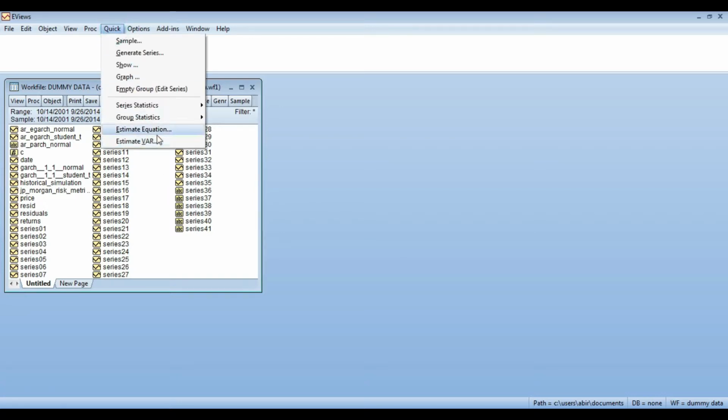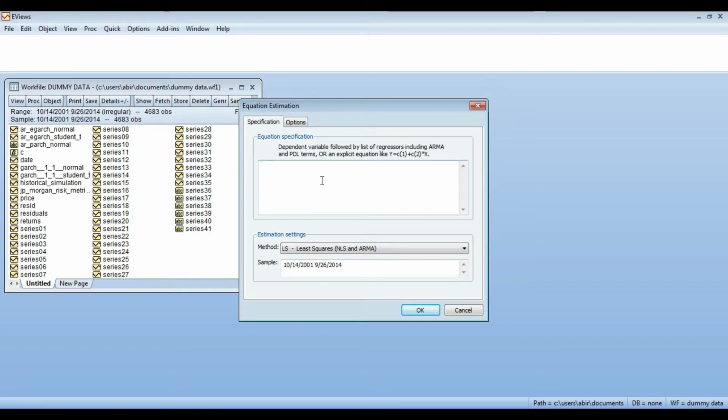Go to quick, estimate equation, right over here: returns space C, this is our equation. Now the range will be what we have got as our 70% data point. So let's make the same over here, 11th of November 2010.